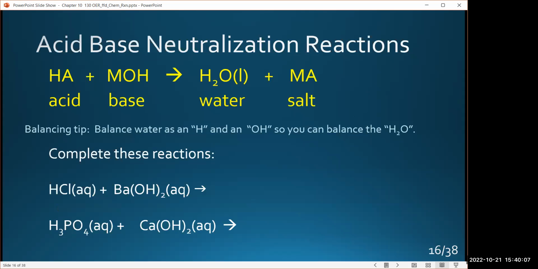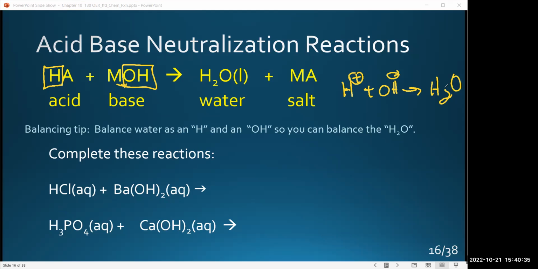All right, so this brings us to the acid-base reaction, or a neutralization reaction, where, as you stated before, you have an acid proton reacting with the hydroxide to give us water and the salt. Now, here's the thing. 1 proton requires 1 hydroxide to give you 1 molecule of water.